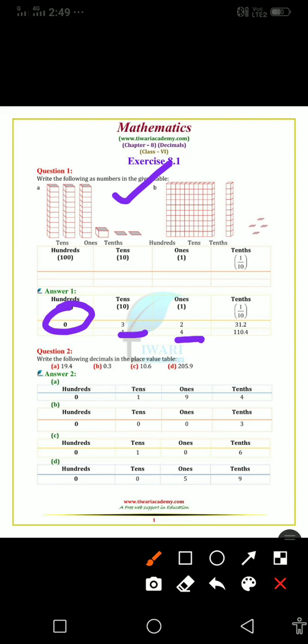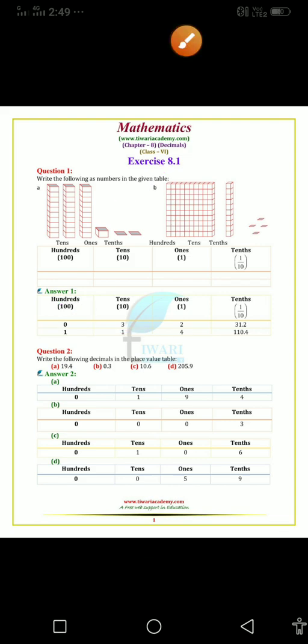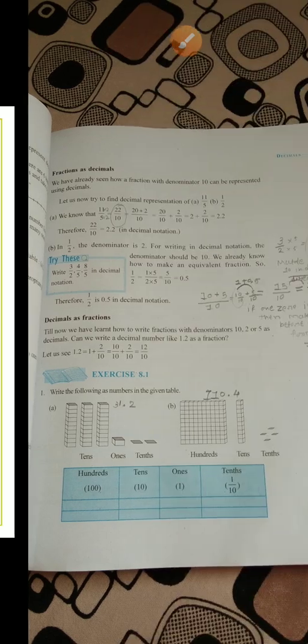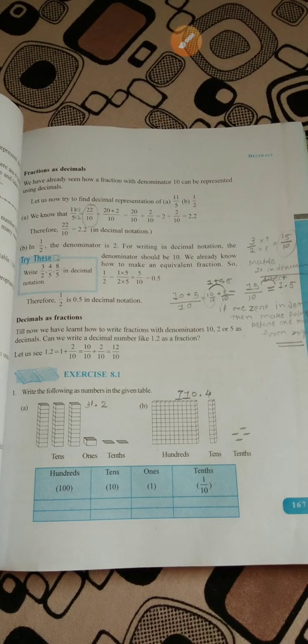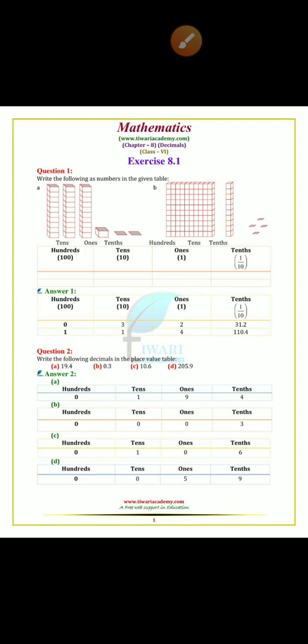Wait a moment, here one mistake is there. Tens place is 1. The answer is 31.2. Here one table is not given.